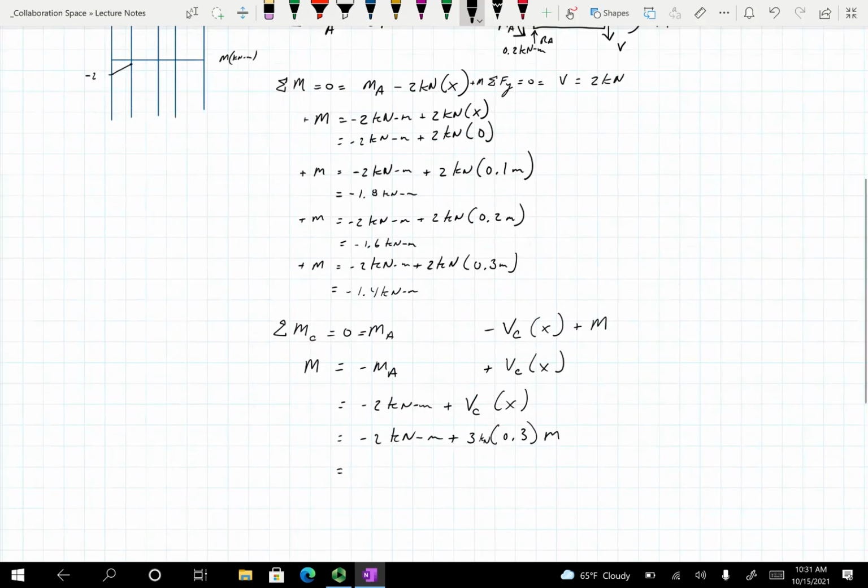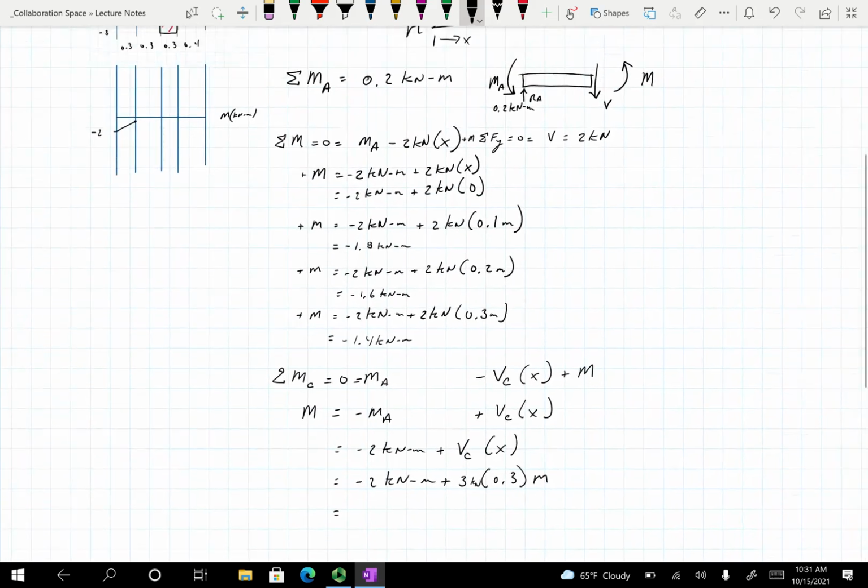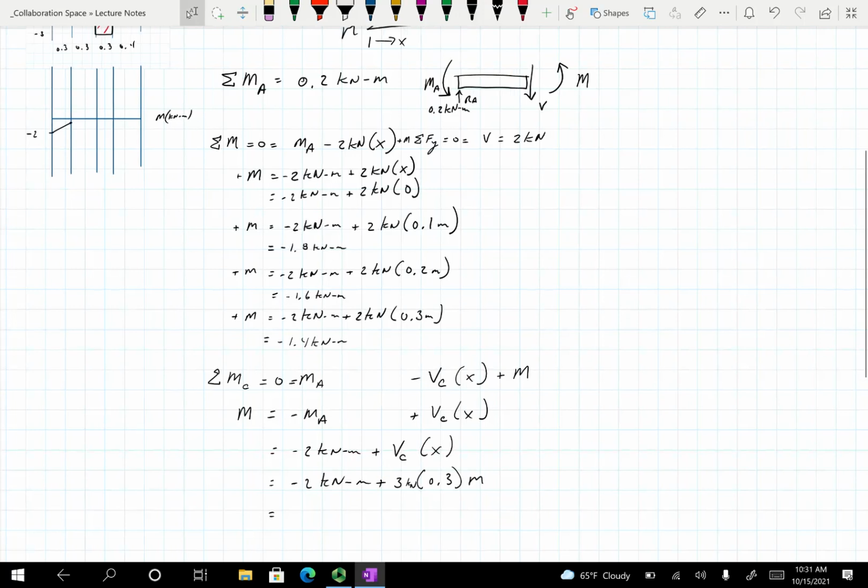What is the quagmire we just walked ourselves into here? 0.2. Yes, it is 0.2. I'm just sitting there thinking, what the heck? Because right there, the RA.